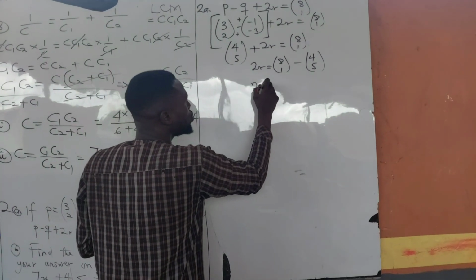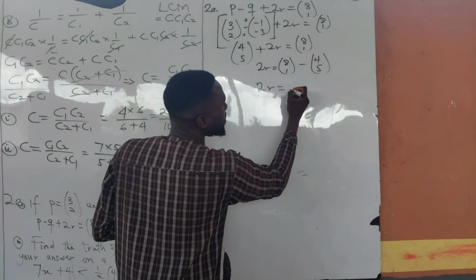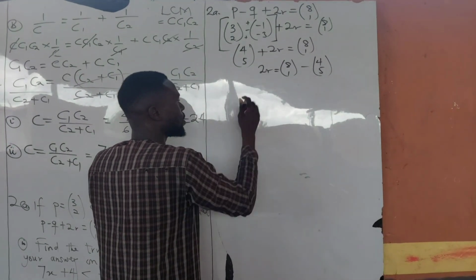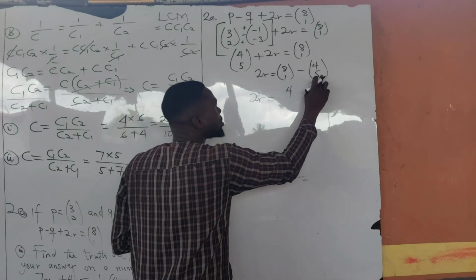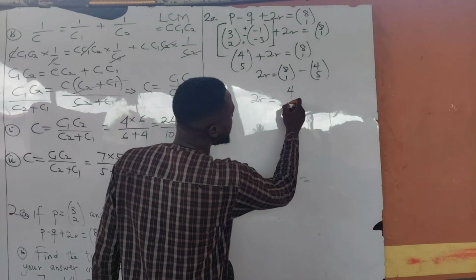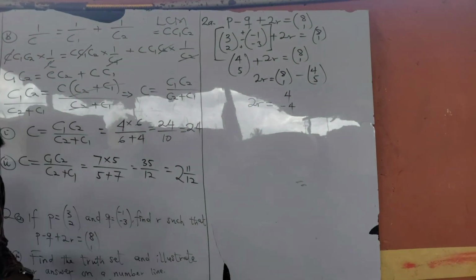Then you subtract. You are getting 2r is equal to 8 minus 4, which gives you 4, and 1 minus 5, which gives you negative 4 as well.